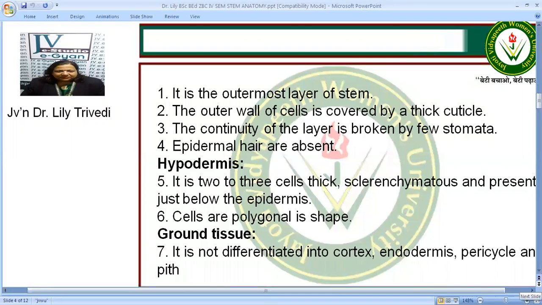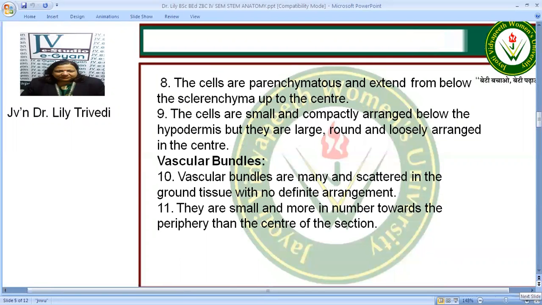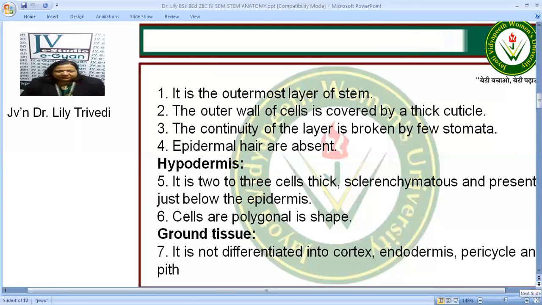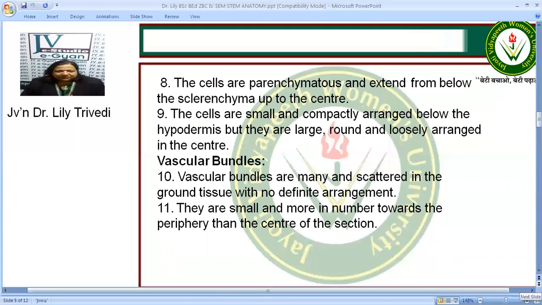Now in monocots, the ground tissue is not differentiated into endodermis, pericycle and pith. The cells are parenchymatous and extend from the sclerenchyma layer to the center. The cells present are small and compactly arranged near the periphery, and large, round and loosely arranged in the center.